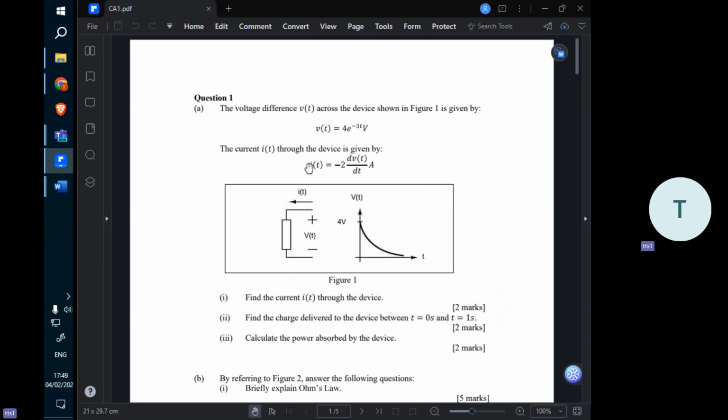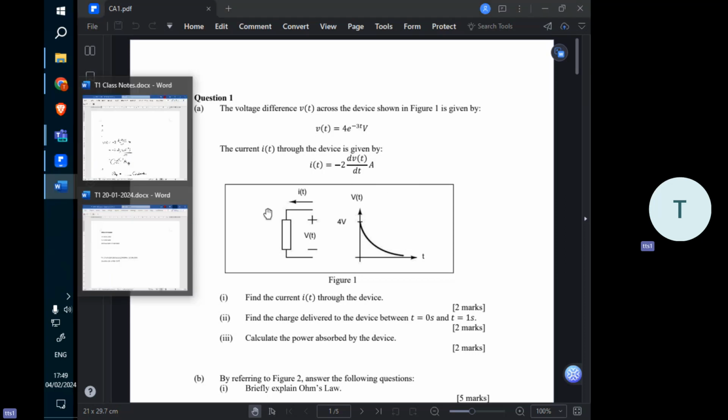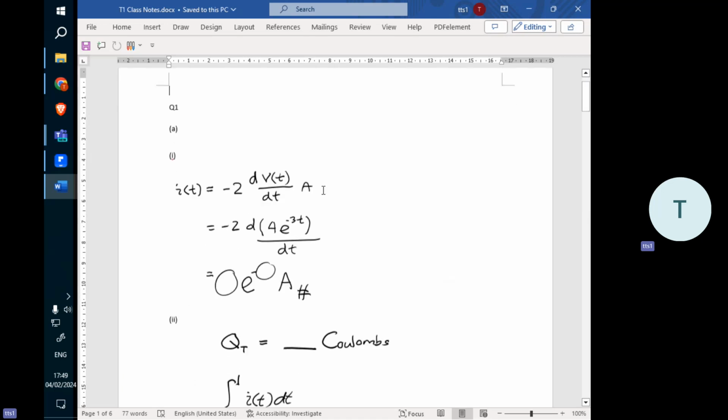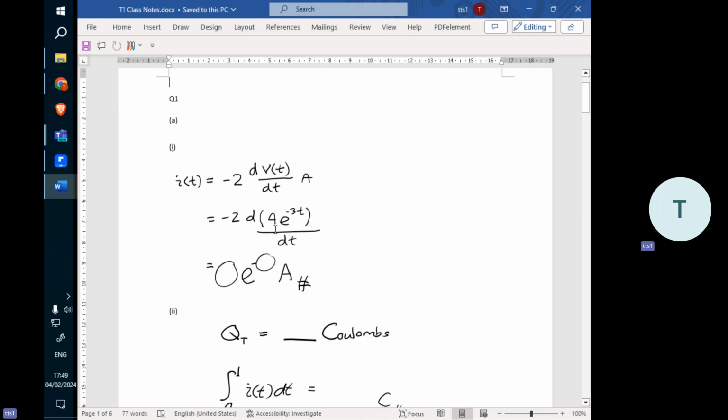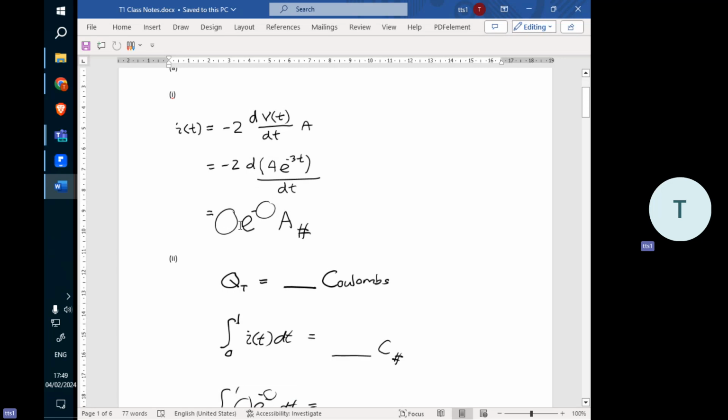So you need to do the differentiation of this d/dt. Okay, do this derivative. You just substitute the v(t) into here and then do the derivative. Just like what we have discussed. Okay, you do this, and then you will get the answer looking somewhere like this.